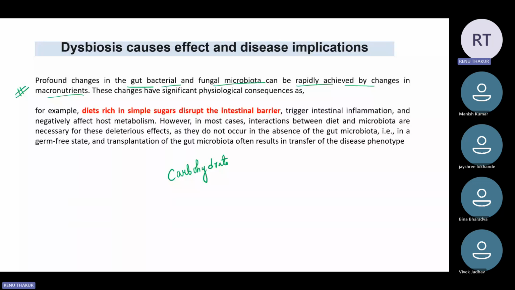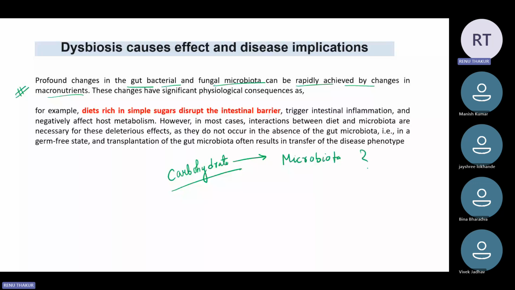Obviously we will have rice in our lunch and also in our dinner. So we are having a good amount of carbs in every meal. Carbohydrate is a macronutrient. So what are the effects of having a macronutrient in each and every meal on the gut microbiota?